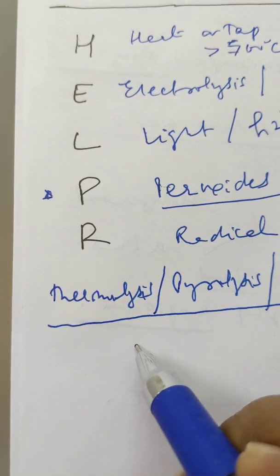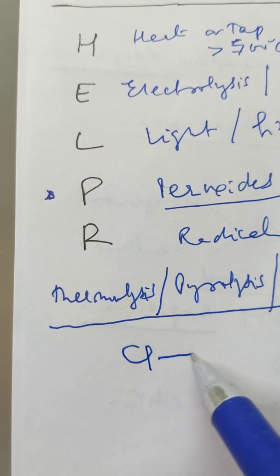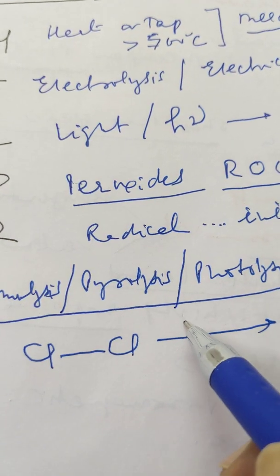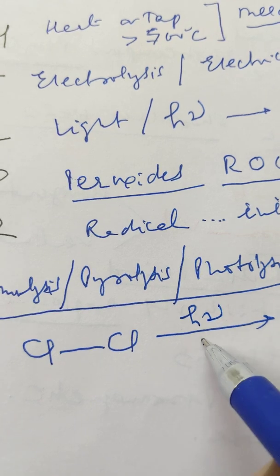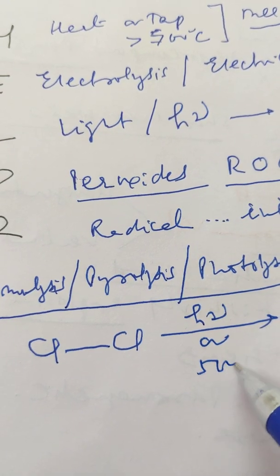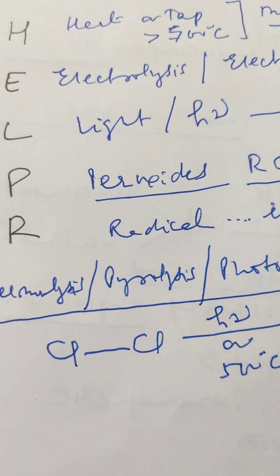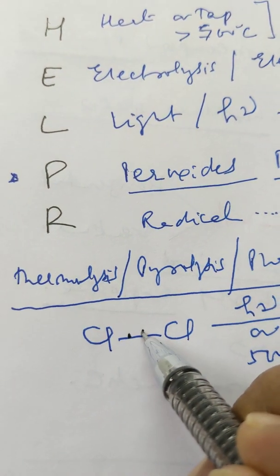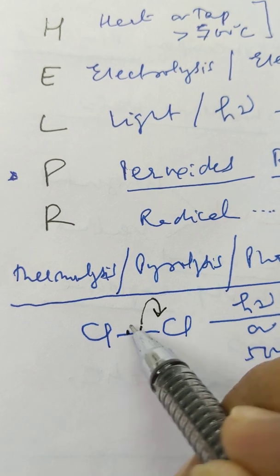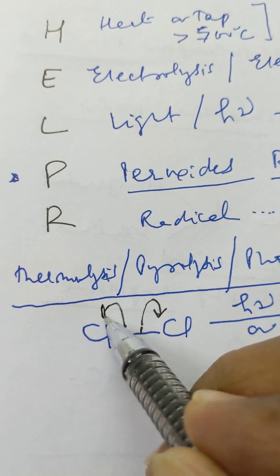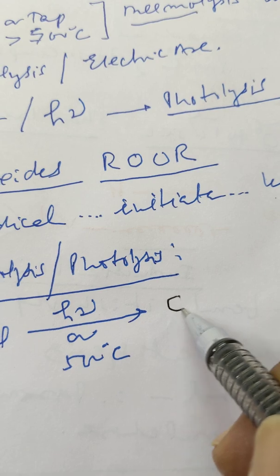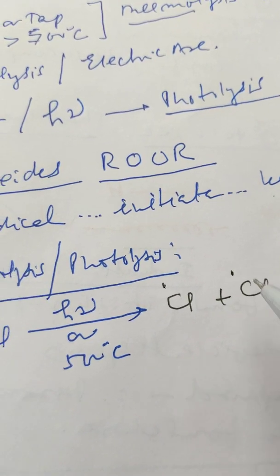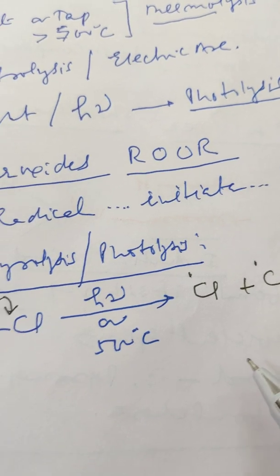Commonly you must have seen, say we have a chlorine molecule and one condition is either light or temperature needed is above 500 degree centigrade. If it is so, what will happen? This bond will undergo homolytic fission, that is, this electron pair will be taken by this and by this, and as a result of this, odd electron species is formed. Chlorine free radicals are formed in presence of this.